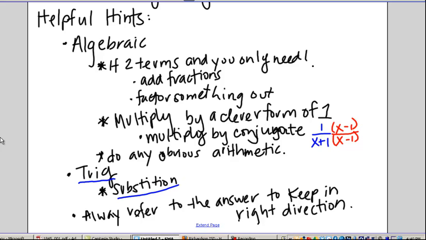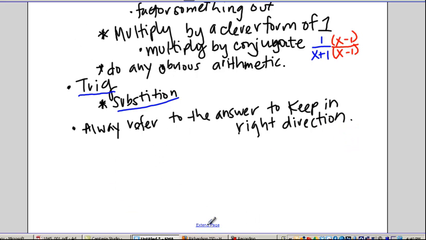And then last but not least, always refer to the answer to keep in the right direction. Always make sure that you know where you're trying to go and try not to get too far off from that. Last thing is you can only work on one side of the problem. You cannot do both sides of the problem. Okay, so let's go ahead and do some examples real quick.